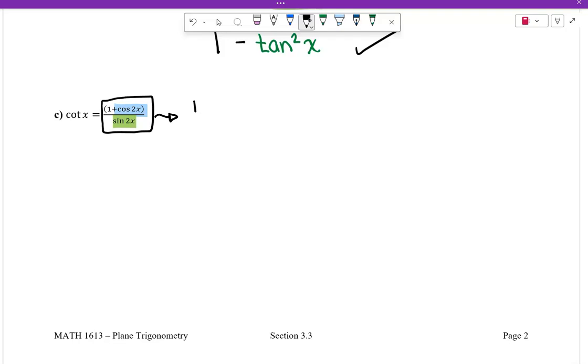So we're going to have 1 plus, I don't know what I want to use yet, and then this is going to be 2 sine x cosine x. Remember, we're trying to get to cotan, and I'm just going to write this off on the side in case you forgot. Cotan is cosine of x over sine of x.